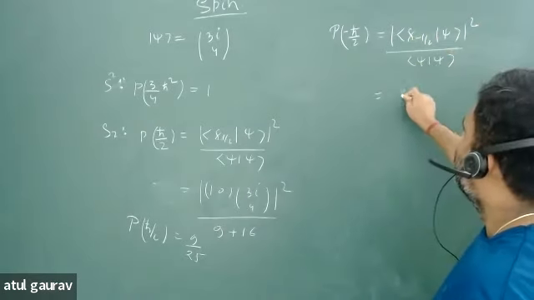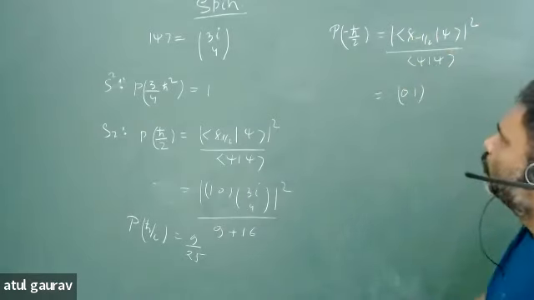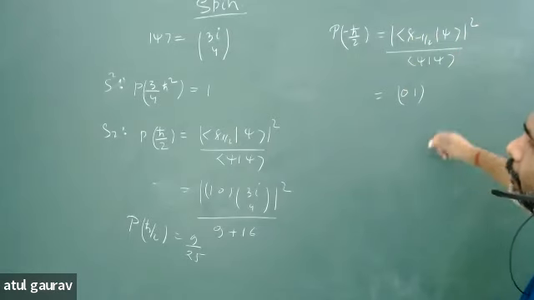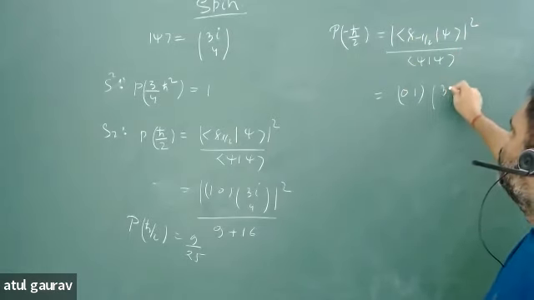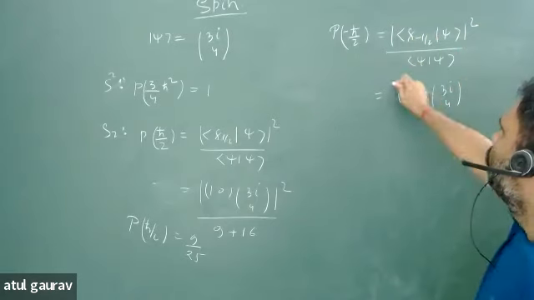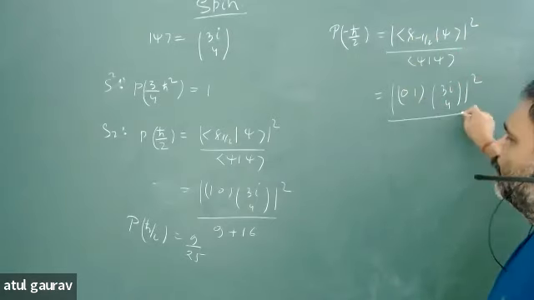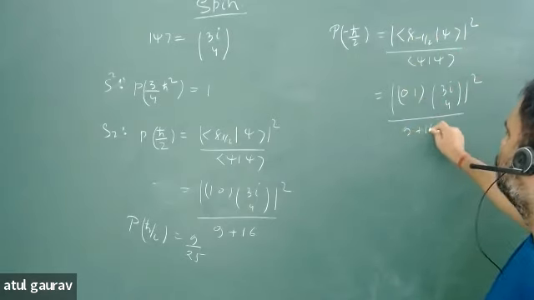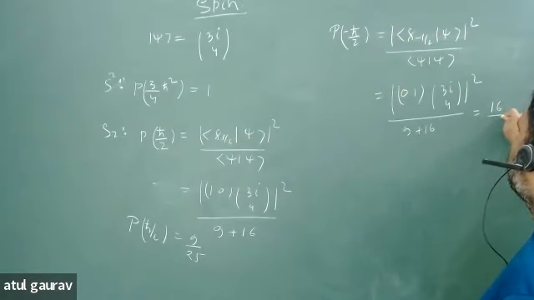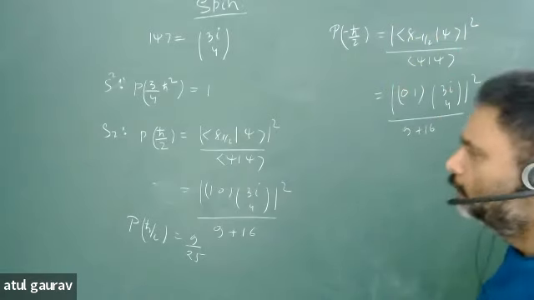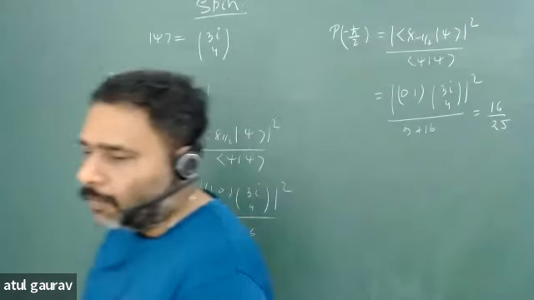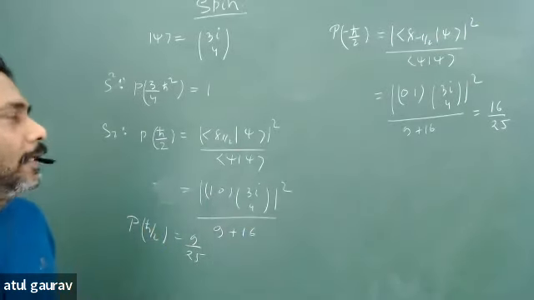What is the value? Chi minus half is represented as (0 1), and your psi is again (3i, 4), and you can just take the mod square. That will be 9 plus 16. So what is this value? 16 upon 25. Okay. So now we have to go for the Sx operator.